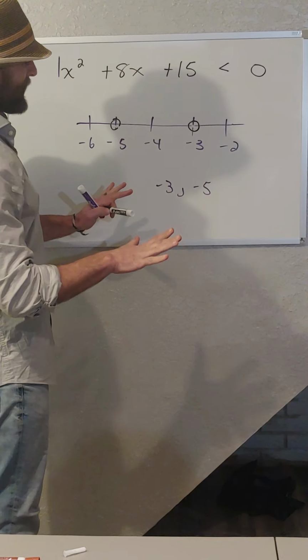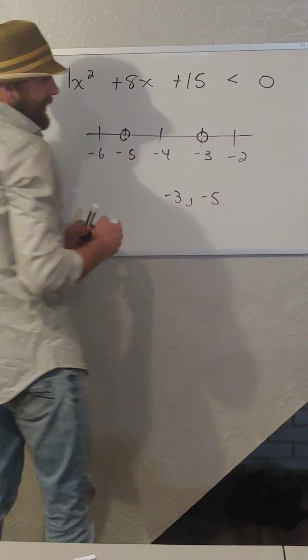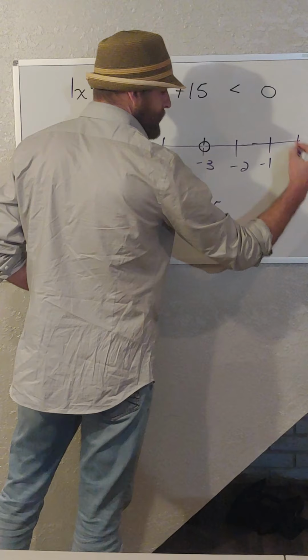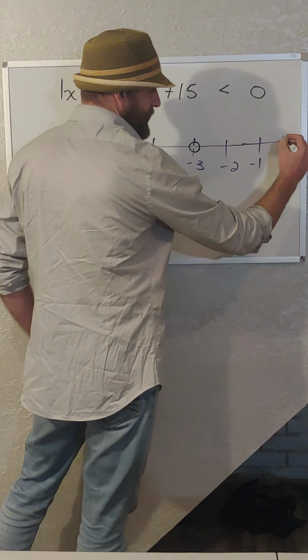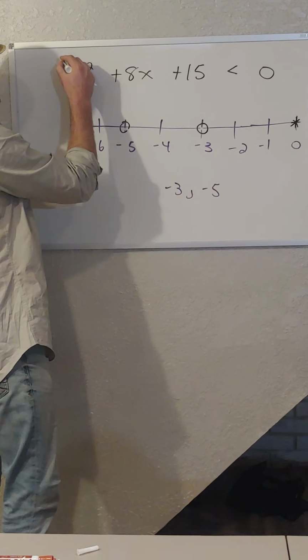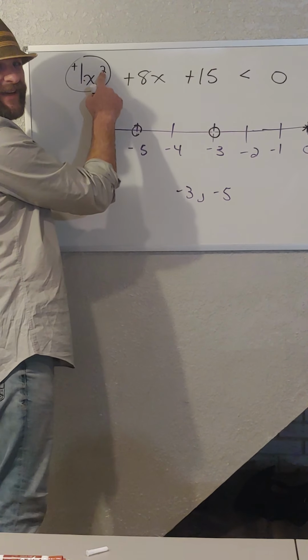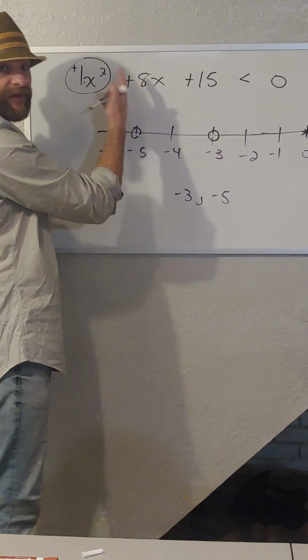So now I'm going to pick a random number to plug into here. And I'm going to use a 0. So I'm looking right here, and I'm going to plug it in. So when I plug a 0 into there, 1 times 0 to the second, 0 to the second, 0 times 0, 0, 0 times 1, 0.